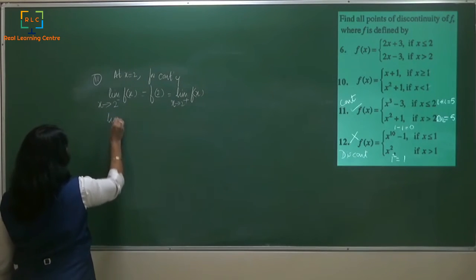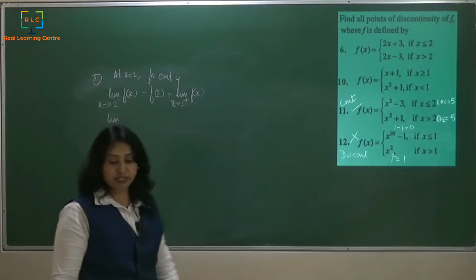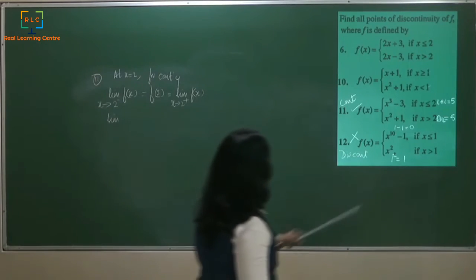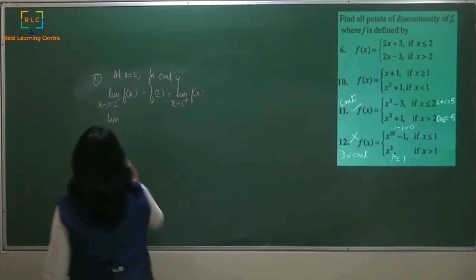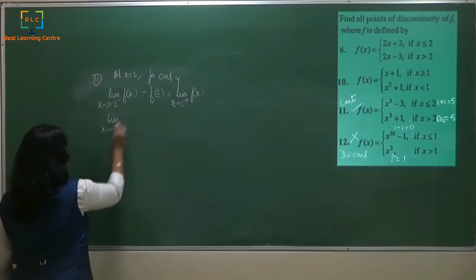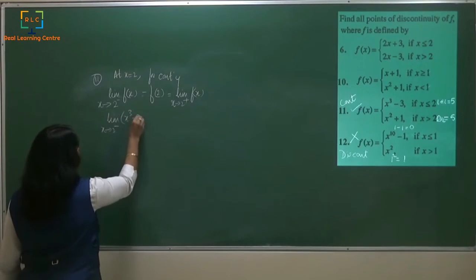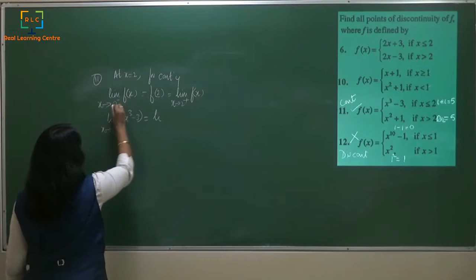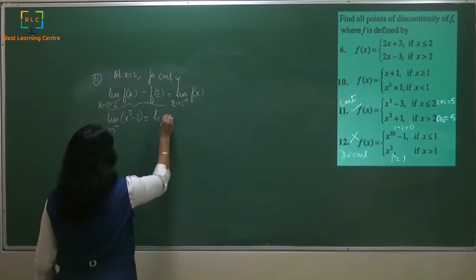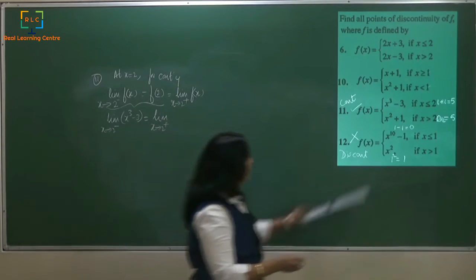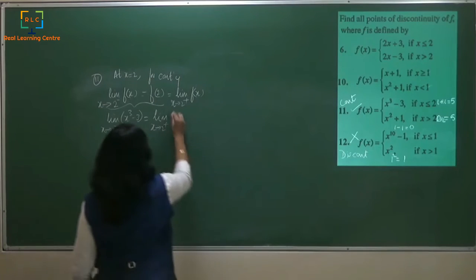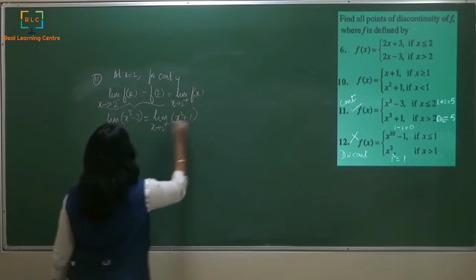For 2 minus they have given x cube minus 3. So limit as x tends to 2 minus, this will be x cube minus 3, is equal to f of 2. Then limit as x tends to 2 plus, for greater than 2 they have given x square plus 1.